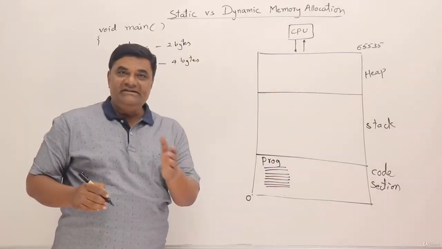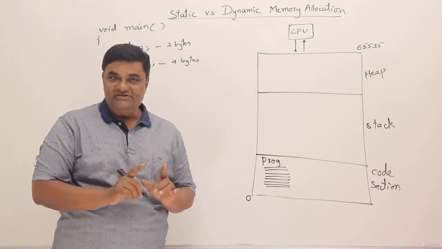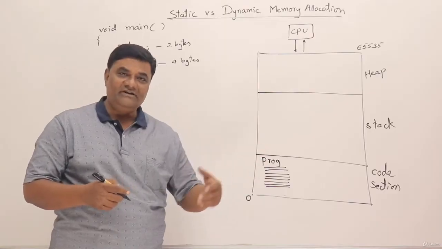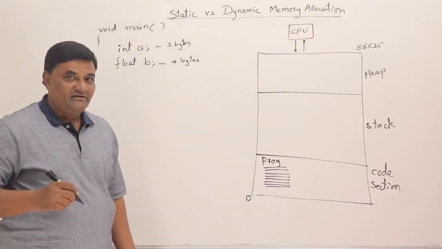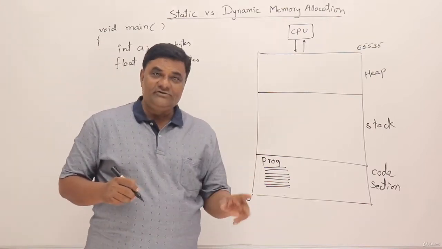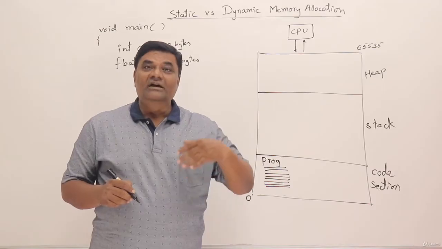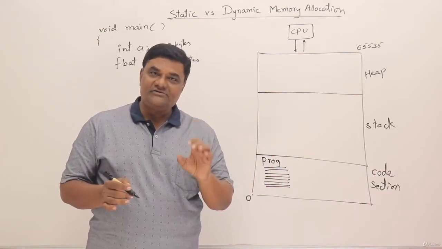In C++ programming, the number of bytes taken by integer depends on the compiler, the operating system and the hardware. It depends on various things, but mostly on the compiler. So integer may take 4 bytes also, 2 bytes also. 2 bytes is easy for explanation purposes, so I am taking integer as 2 bytes.